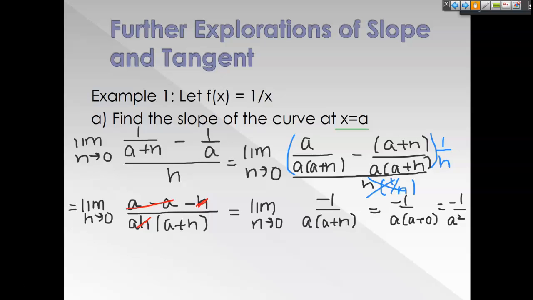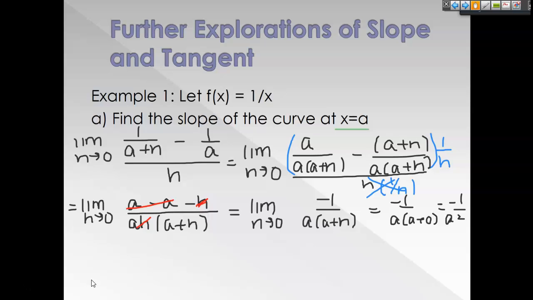Okay, so that's part A. Part B says, where does the slope equal negative 1/4? So remember, this equation, negative 1 over a squared, represents the slope in general.